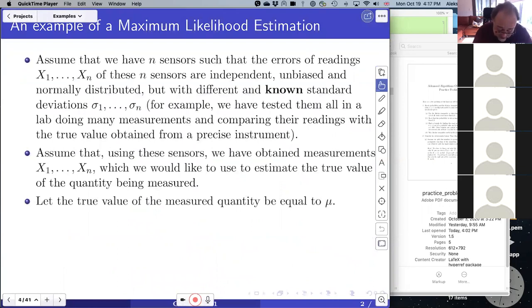Okay, so one assumption that we make here, which is in practice often true, is that these estimators are unbiased. So a tutor does not want to give you on purpose a lower mark or a higher mark.